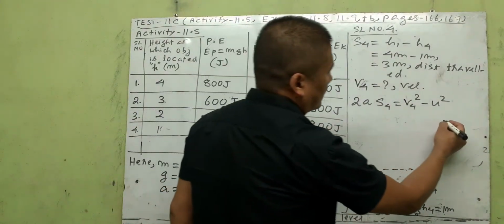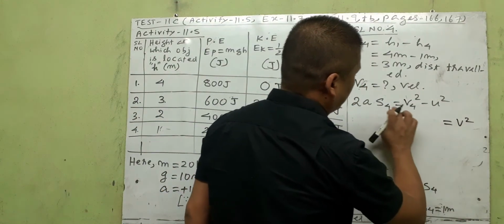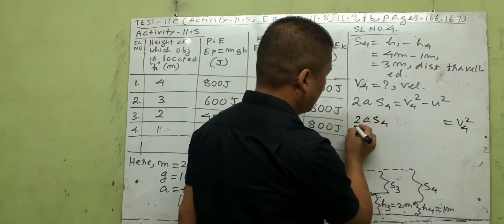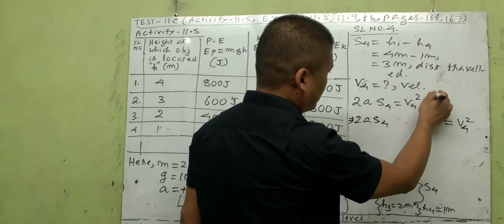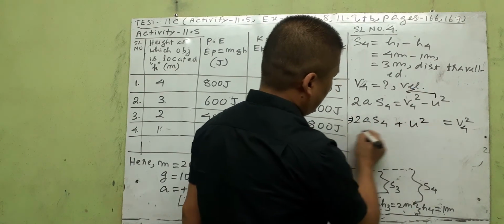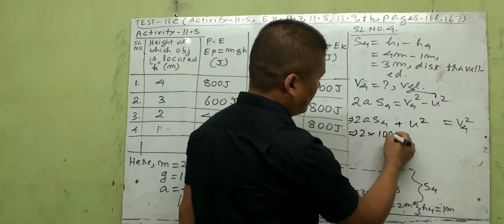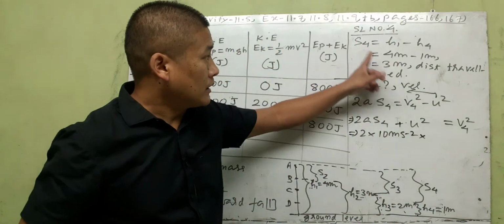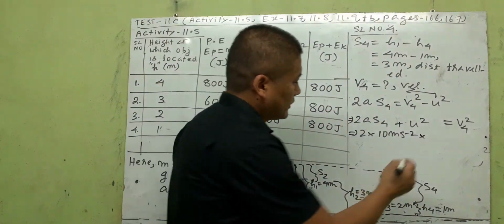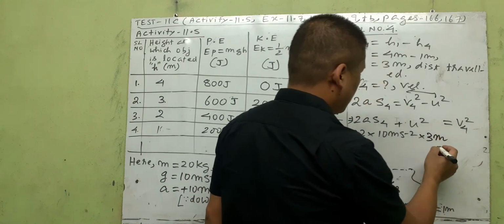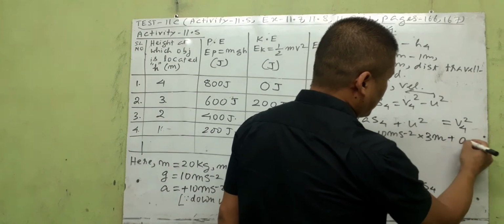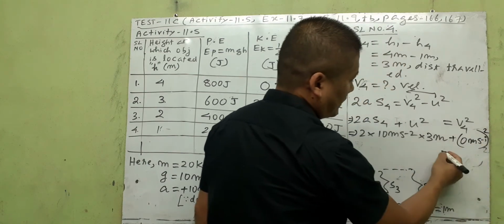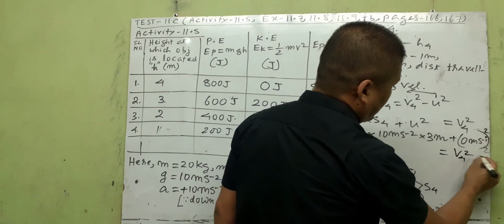So let's put here V4 square, and then 2aS4, this part is okay, then shift this one, the minus will become plus U square. So this is 2 into A, which is 10 meter per second square, into S4. As we can see here, S4 is 3 meter, the distance traveled. So plus U is always 0 meter per second, because the object is dropped, means U square is 0, equal to V4 square.